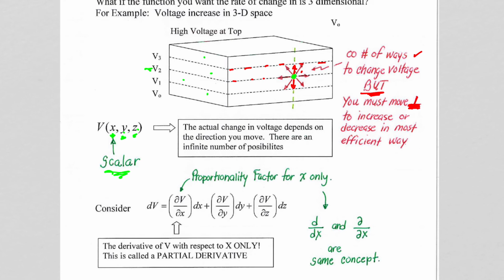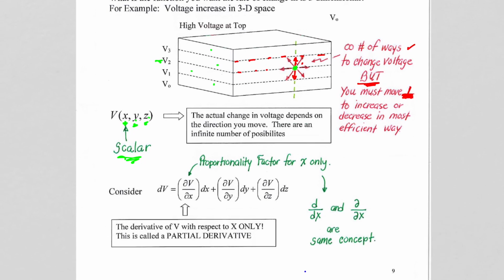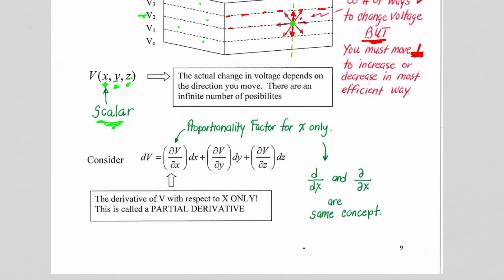And then just like we considered the proportionality factor in the x, if we do that individually for the y and the z, our derivatives, those ordinary derivatives, which again for us were the only derivatives, now become partial derivatives.